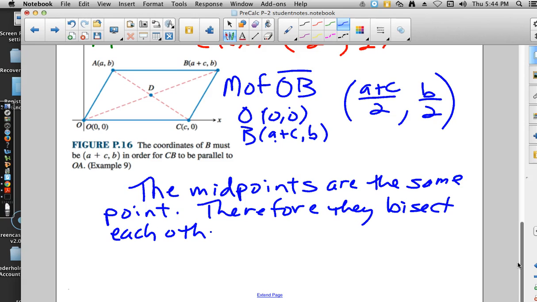We just found the middle of each of those two diagonals, and it was in the exact same place. That means those midpoints are exactly the same, and the diagonals bisect each other. So not a big reach from there.